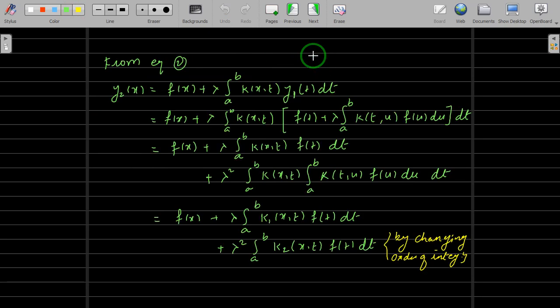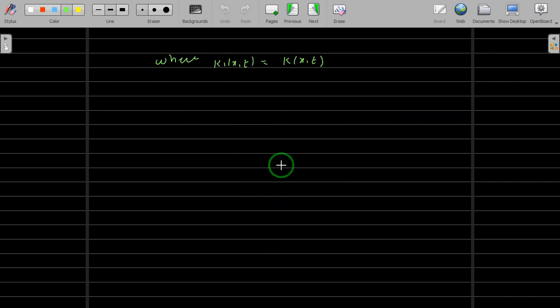We have not done anything there. So for the second integral, f(x) plus lambda integral, we have taken the same integral, so we have written this k1 as k, and this k2 of x comma t is your second integral, and for that we have combined these two kernels, k(x,t) and k(t,u).